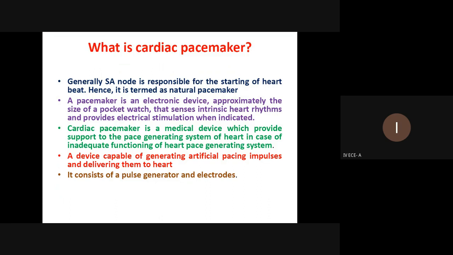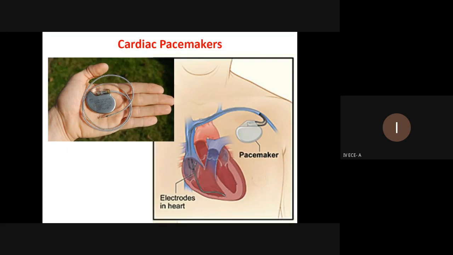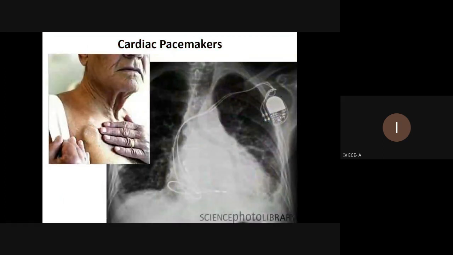It is a device capable of generating artificial pacing impulses and delivering them to the heart. It consists of a pulse generator and electrodes. Okay, so this is a cardiac pacemaker.